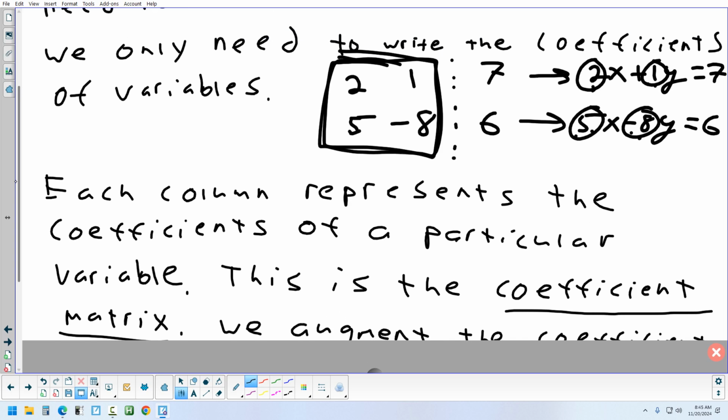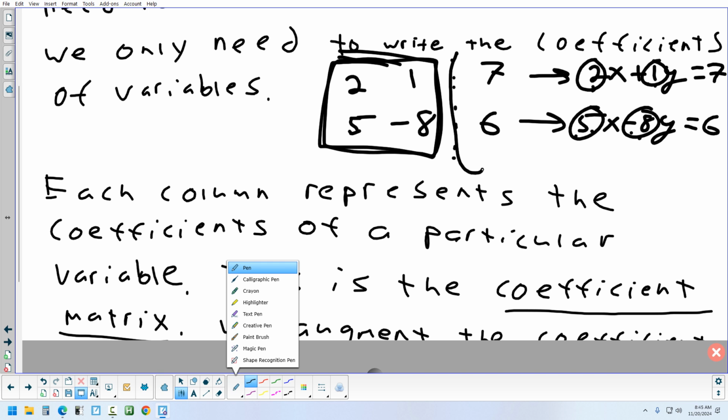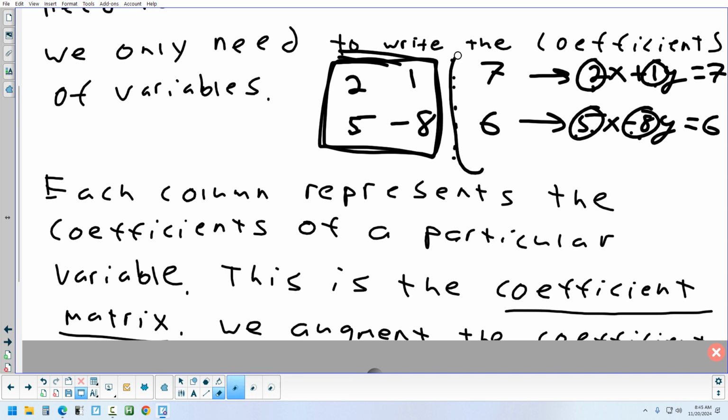Now, if all you do is write down the coefficient matrix, let me get rid of everything over here. The problem is you haven't written down the 7 and the 6. You've written down the 2, the 1, the 5, and the -8. You need to also have the numbers that are on the other side, because that's part of the problem. Those are important to keep track of. So generally we put a dotted line, or sometimes you even see a solid line there.